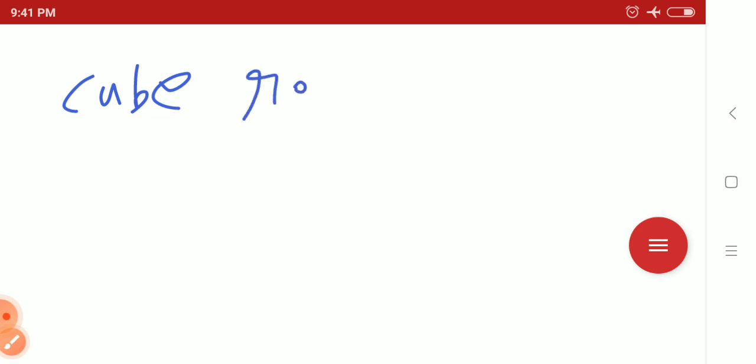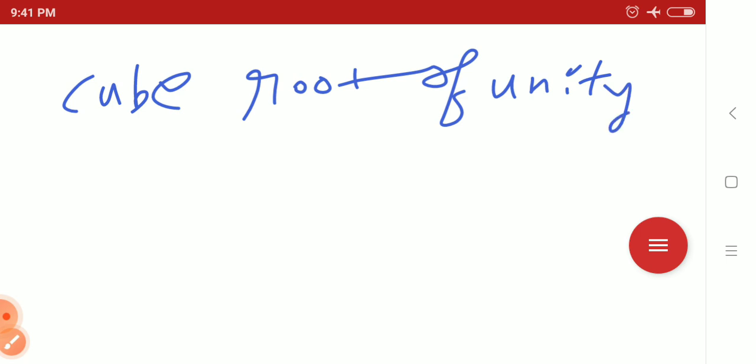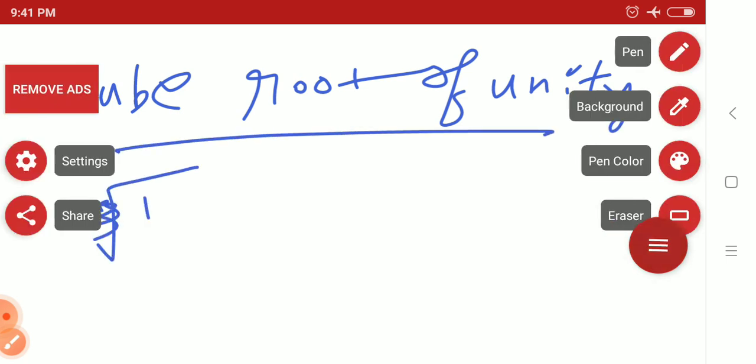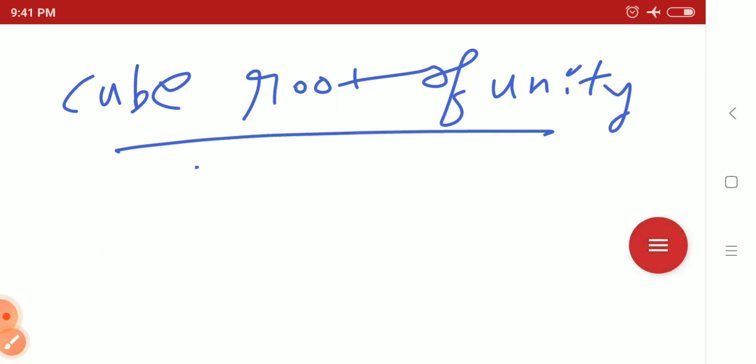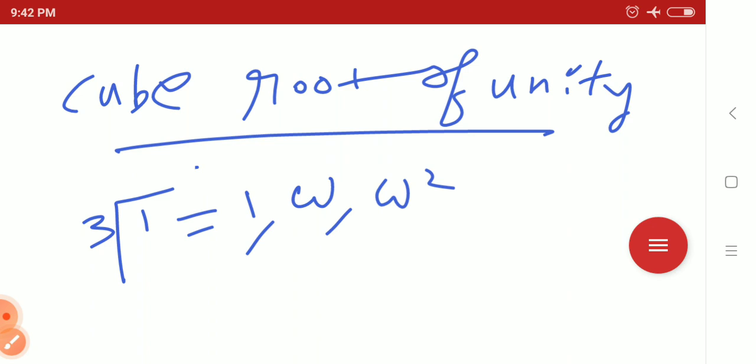It's very important that you should know the topic is cube root of unity. What is cube root of unity? When you do the cube root of 1, it will give you 1, omega, omega square.